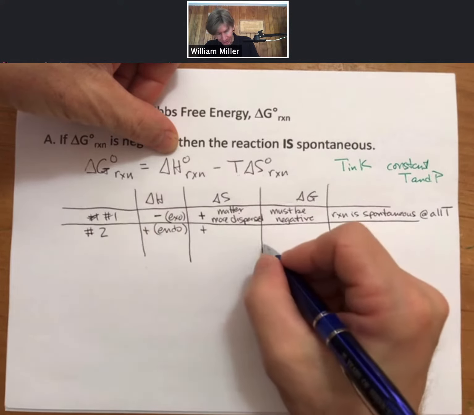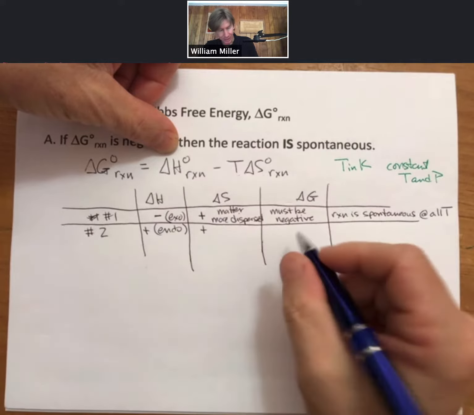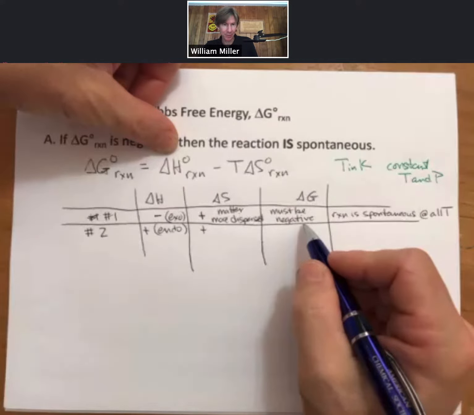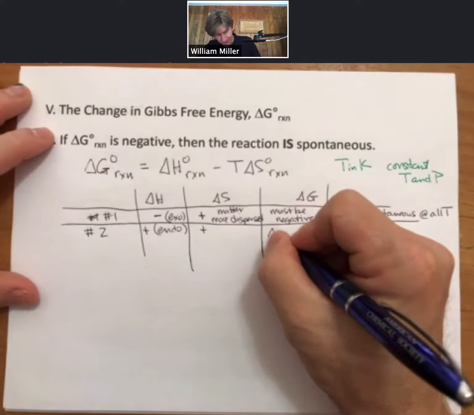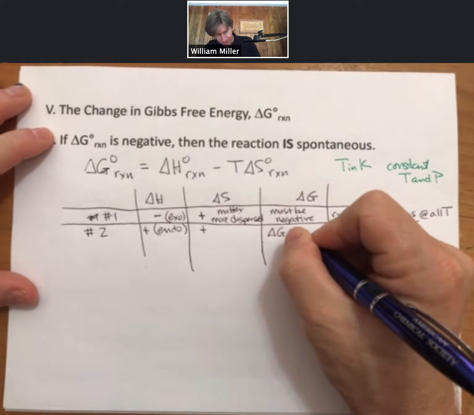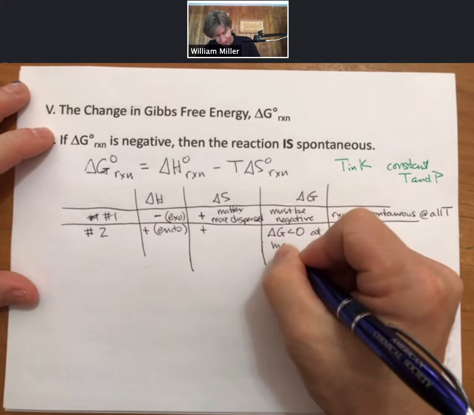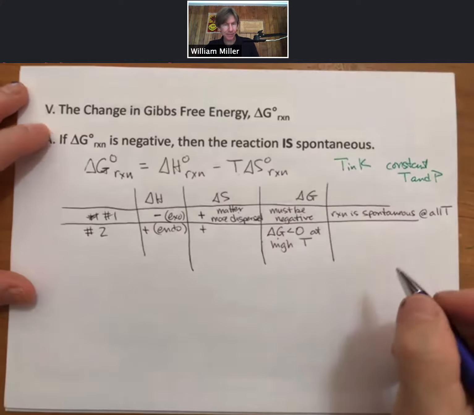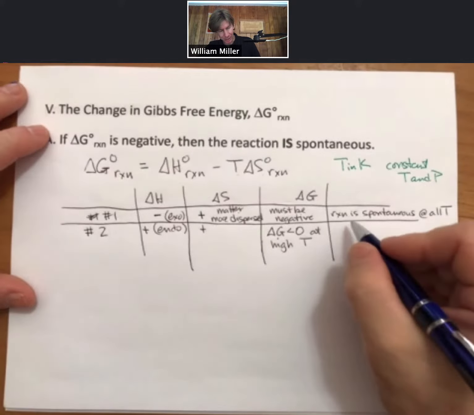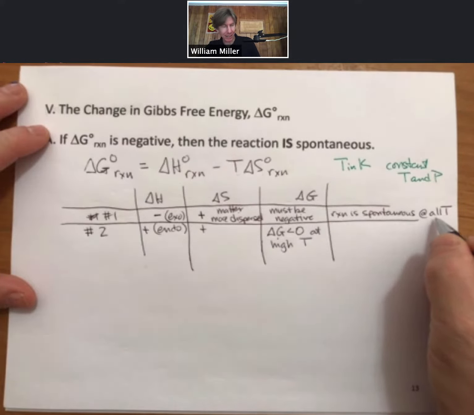So let's say delta G could be positive or negative, but let's say delta G less than 0 at high T, which means the reaction is spontaneous at high temperature.